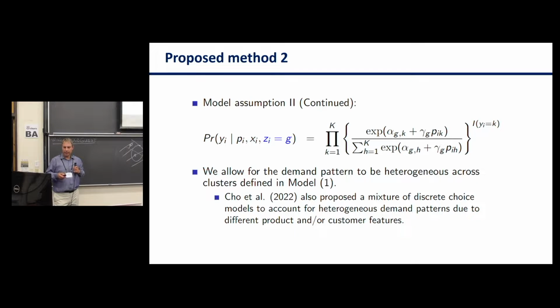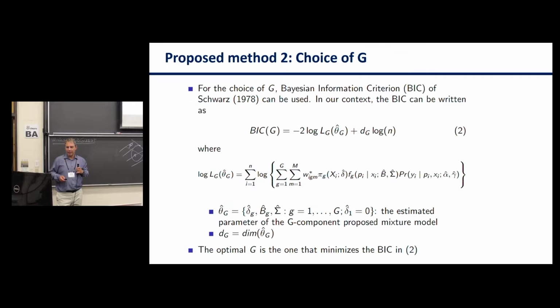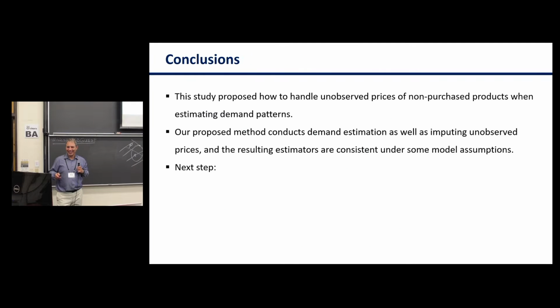This is an approach that Sanghoon used in his paper, and that we also use, assuming that we know the full consideration set. Sanghoon and Danhyang now use this technique to impute the prices. I'll skip this because I'm not quite sure I can say it.